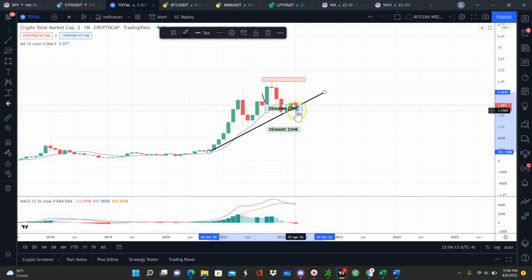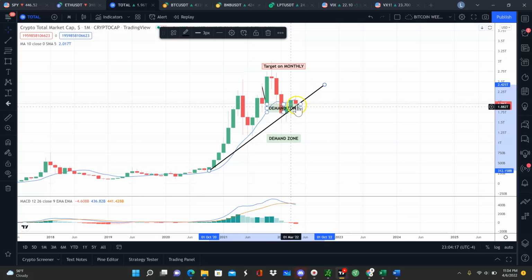So that area there, in my opinion, is the more recent overall trend on crypto total market cap. What I'd be paying close attention to on this monthly chart is what it does here in this demand zone. As you can see, when crypto total market cap comes down into this area, it typically pops. Buying volume comes into the crypto markets, and crypto starts to run as a whole. So I pay close attention to that.